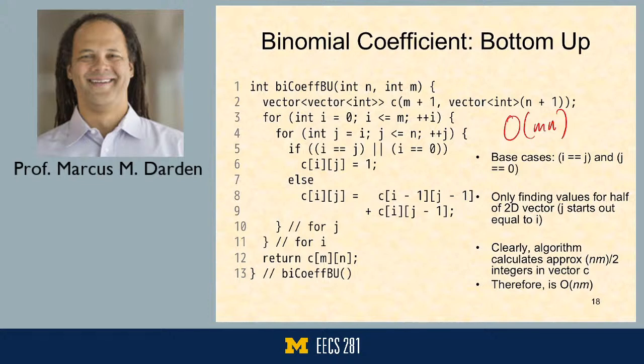So C is of size m plus 1 rows, n plus 1 columns, right? And this gets back to why I declared that fibs of size 94, even though the best I could calculate was 93. I wanted to be able to, at the end, use square brackets at 93.